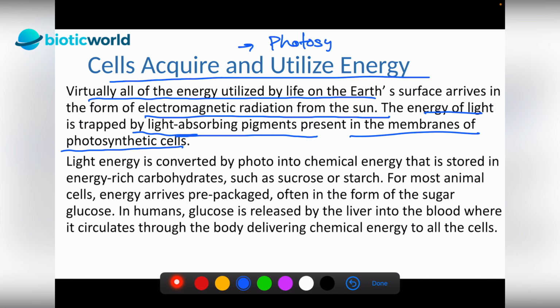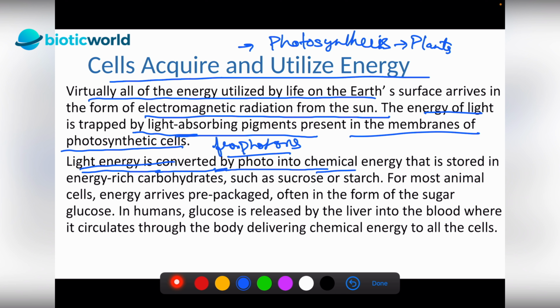Cells perform this function in plants and some bacteria, that is the blue-green bacteria or the blue-green algae. Light energy is converted from photons into chemical energy that is stored in energy-rich carbohydrates such as sucrose or starch.